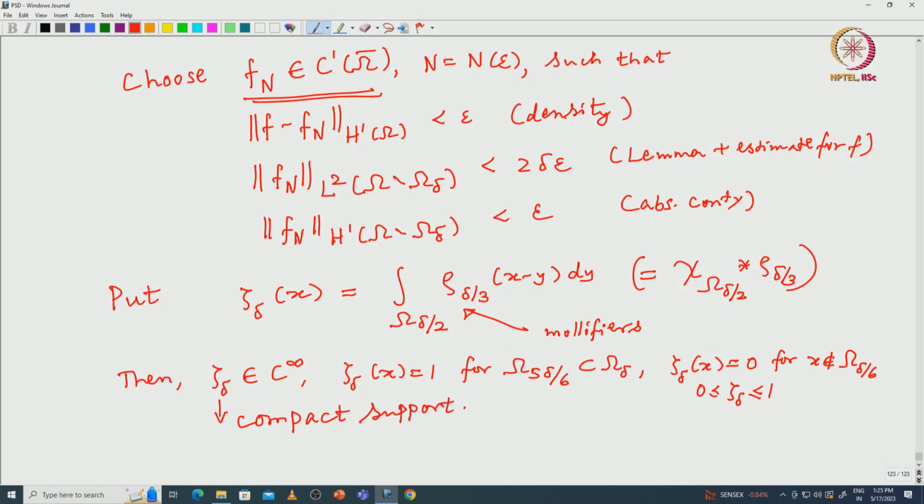Okay. So, now what we have to do is consider this f_n j delta by 3. So, this is C1_c.